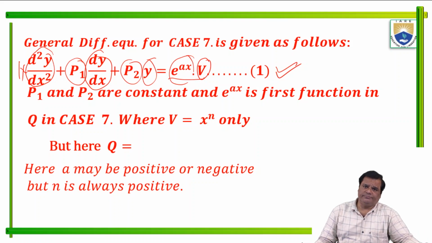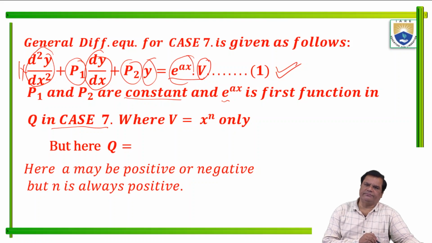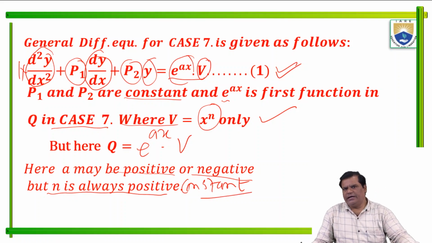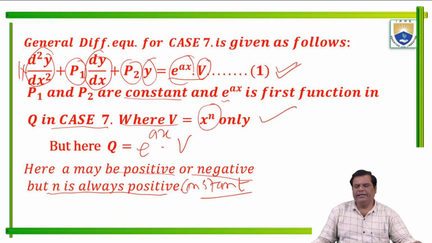This is equation 1. p1 and p2 are constants, and e to the power ax is the first function in Q in case 7, where v is x to the power n only. So Q is e to the power ax into v. Here a may be positive or negative, but n is always a positive constant, because n is the power of the variable, and x to the power n is an algebraic function, so the power is positive here.